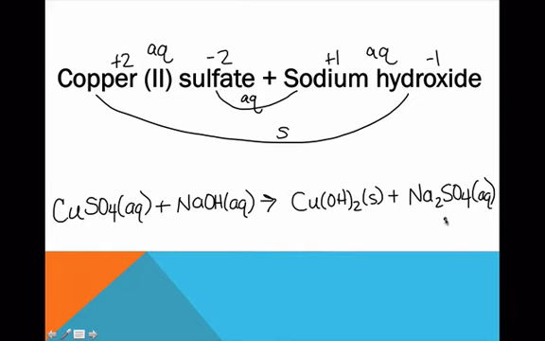So that's it written. I'm going to have to balance. I have 2 sodiums, 2 hydroxides, 2 hydroxides, and that's all I had to do to balance.